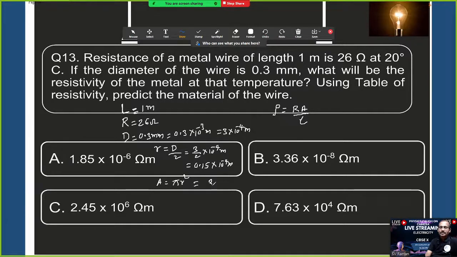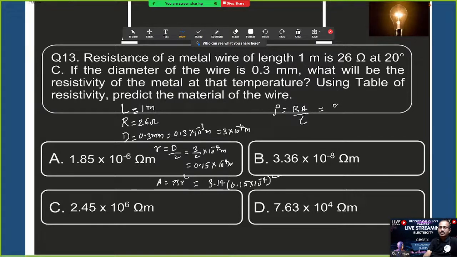So the pi value is 3.14 into radius, 0.15 into 10 power of minus 4, whole square. So this is the A value. Now substitute the A value over here.